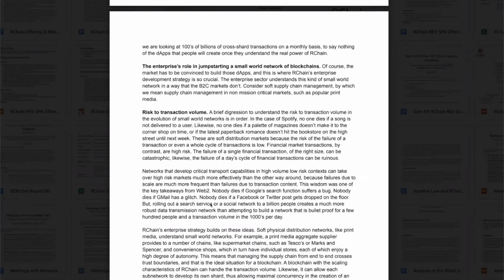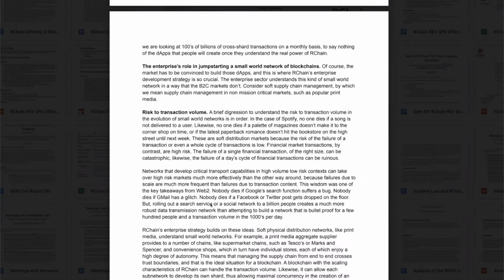So this level of autonomy is important for coordination costs, which I mentioned before. But the main point is that we have this clear small world network. There's a backbone and a bunch of subshards underneath it, and they cross trust boundaries. So because they cross trust boundaries in an end-to-end supply chain solution, a blockchain fits perfectly.